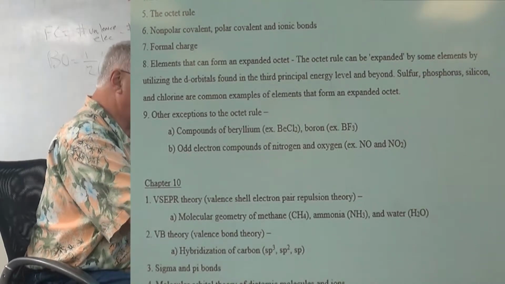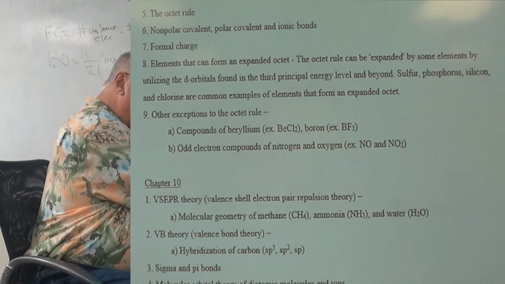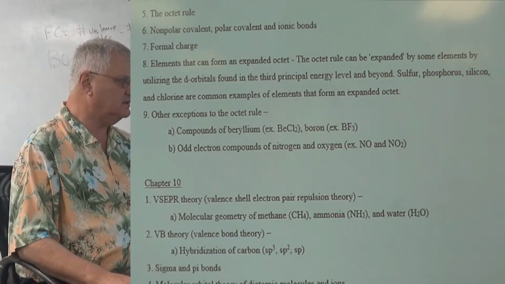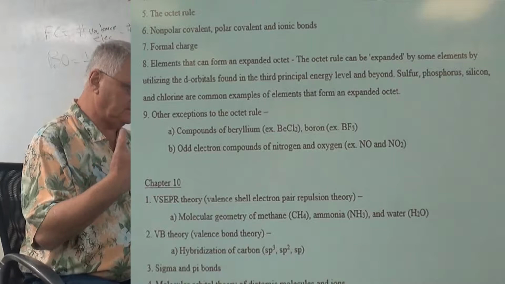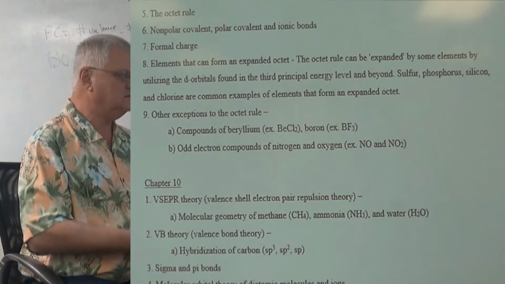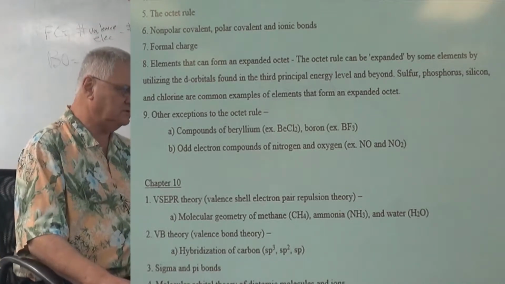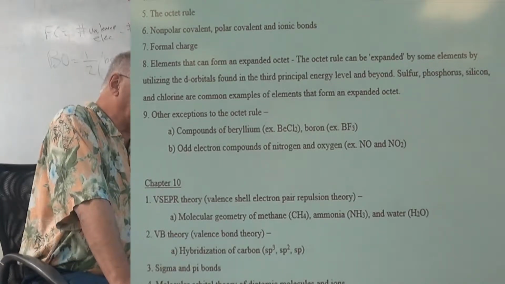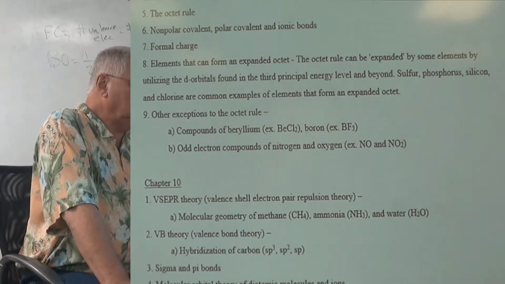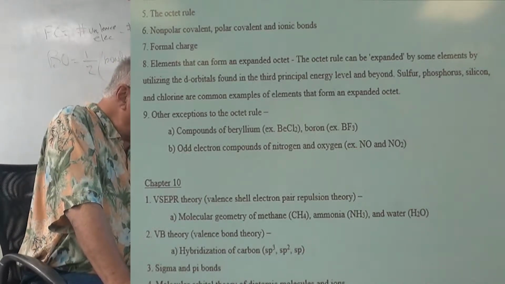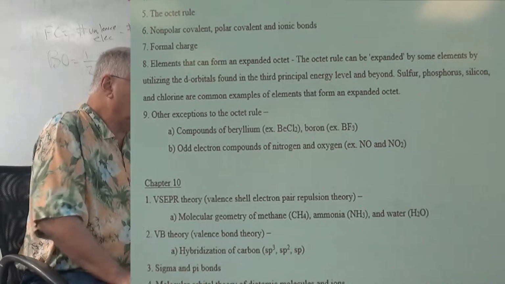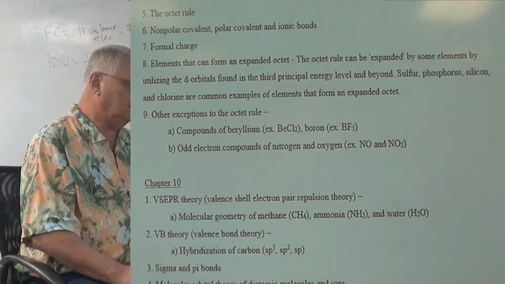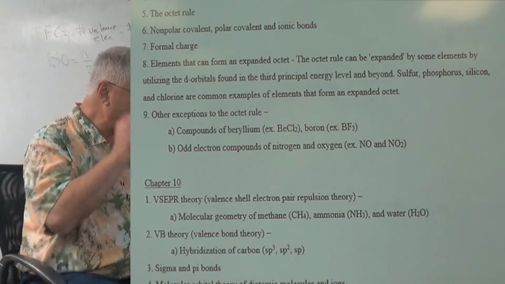Elements that can form an expanded octet. Again, there are exceptions to the octet rule, and there are compounds and polyatomic ions that display these exceptions. Even though the octet rule can justify millions of molecules, there are exceptions to it. The octet rule can be expanded by some elements by utilizing the d orbitals found in the 3rd principal energy level and beyond.